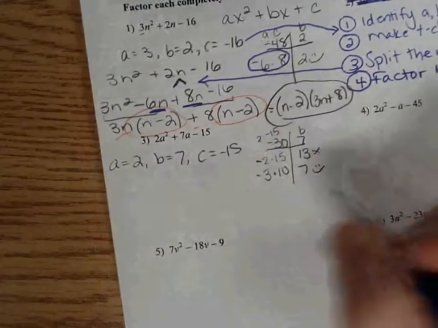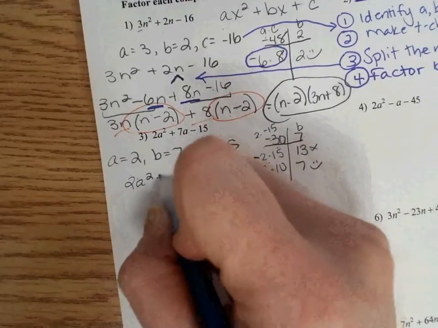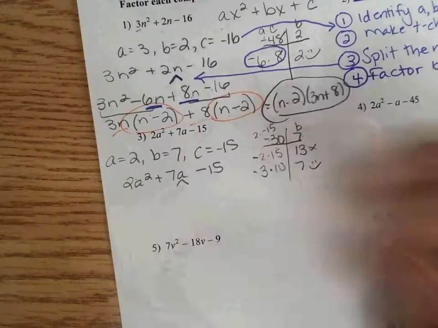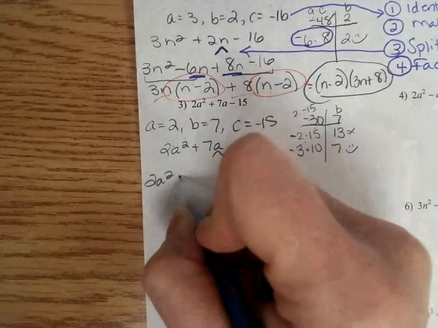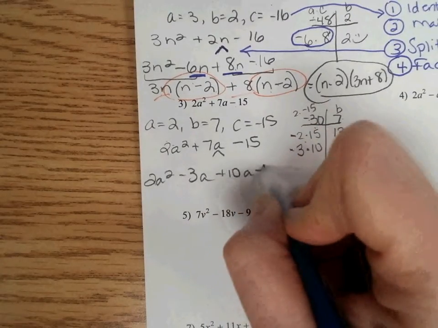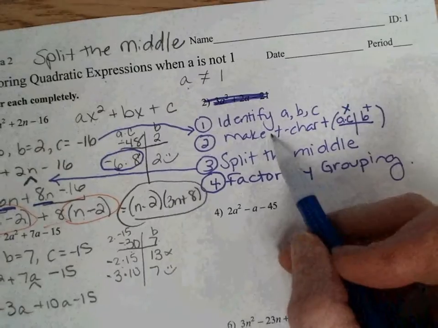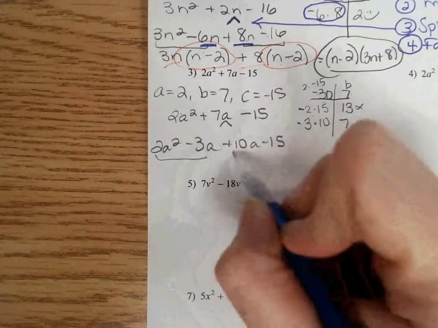That adds up to get 7, and those will be the 2 values I use to split my 7a, my B value. 2a squared minus 3a plus 10a minus 15. Right? Made the T-chart, split the middle, now I factor by grouping.